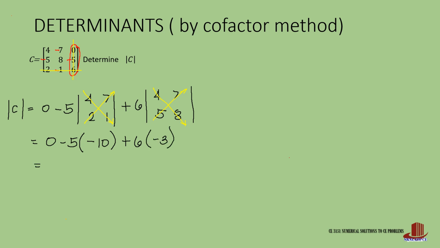So simplifying, we would have here positive 50 minus 18, giving us the value of 32 for the determinant of matrix C.